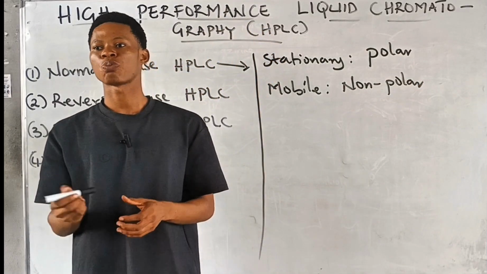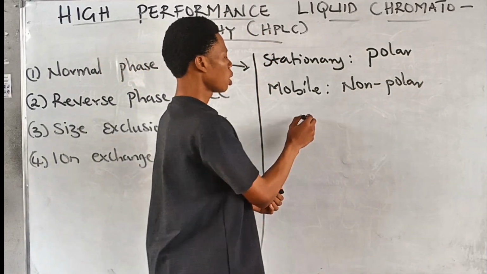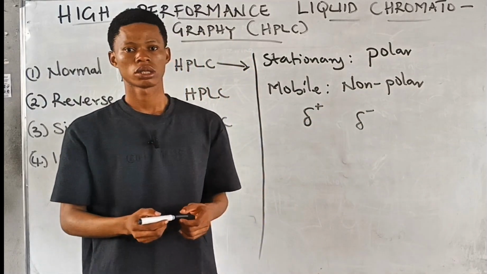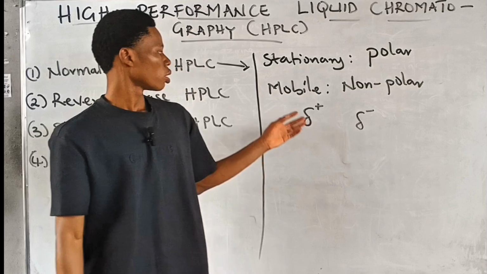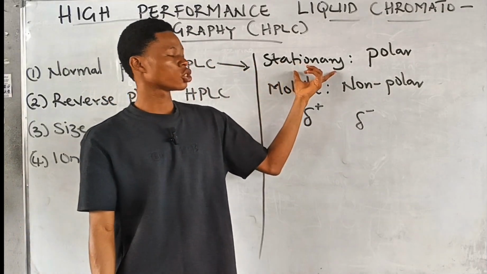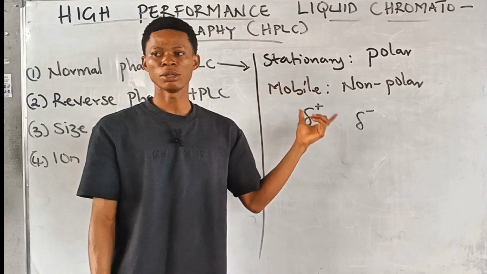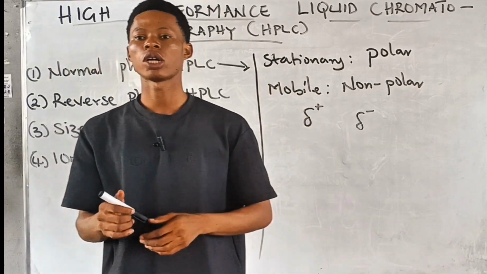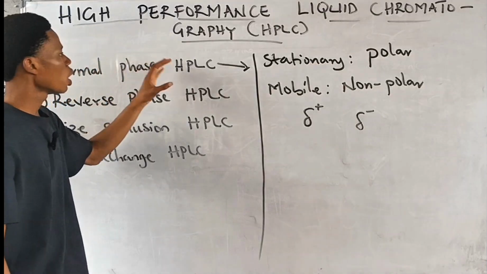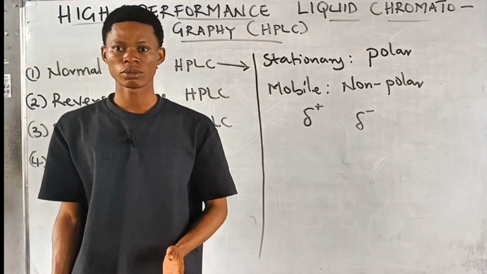When we say something is polar, it has partially positive charge and partially negative charge. In normal phase, the stationary phase is polar, while the mobile phase is what? Is non-polar. So it works based on polarity. So it separates molecules based on polarity.